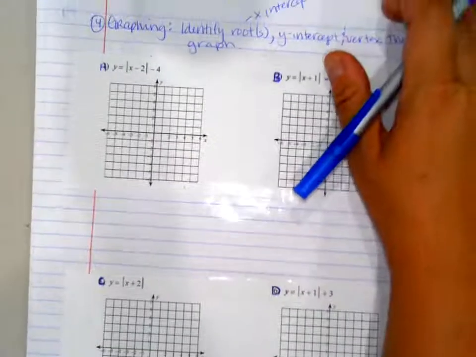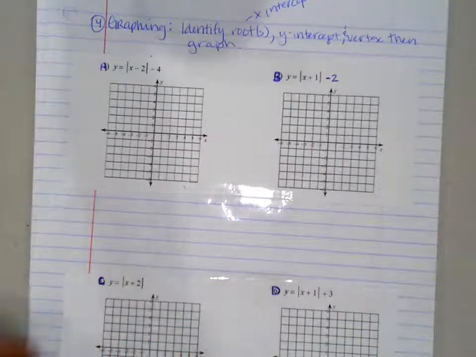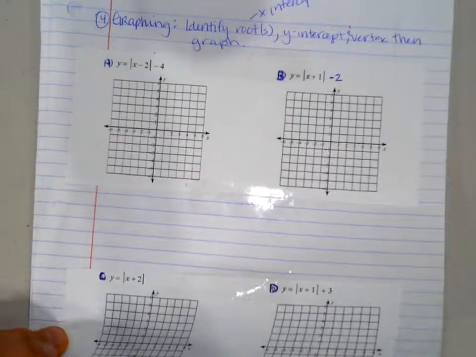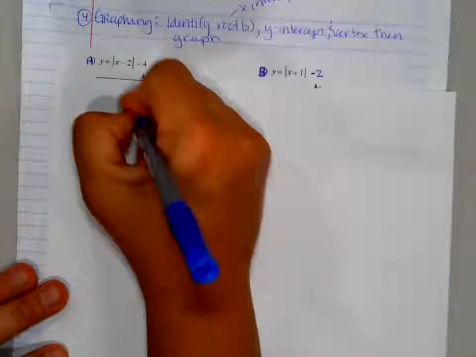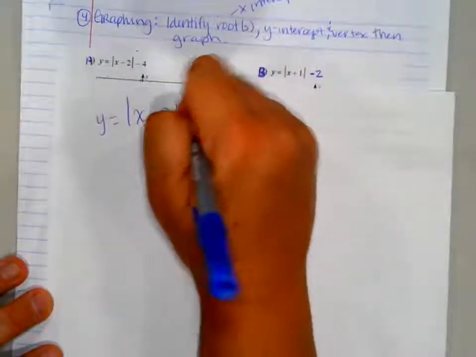So you have to do all of those things to graph your absolute value function. So let me grab a piece of paper. I'm going to write it on there. There we go. Okay. We've got y equals the absolute value of x minus 2, minus 4.